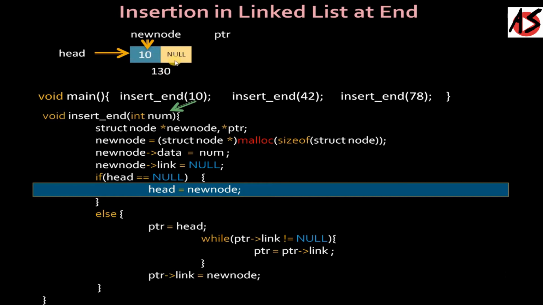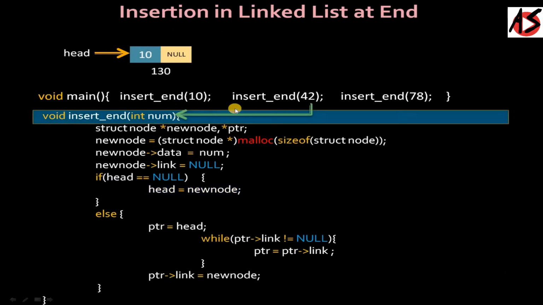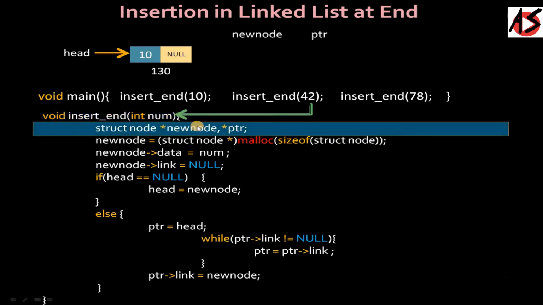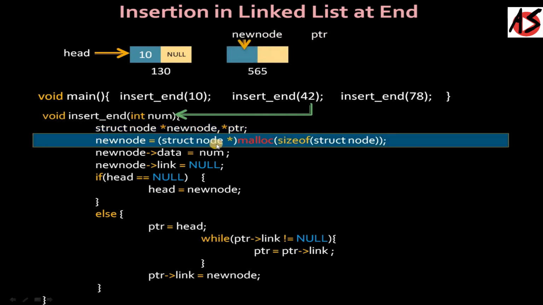Now we are inserting the second element, that is 42. So 42 is copied in the num variable. Again we are defining two variables, new node and pointer. Now we are allocating the memory for the new node of size struct node.